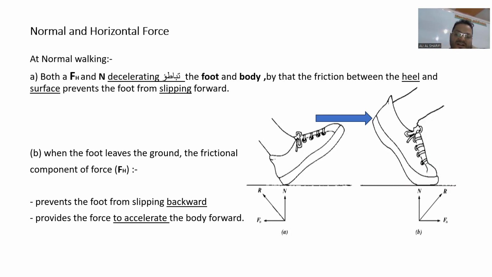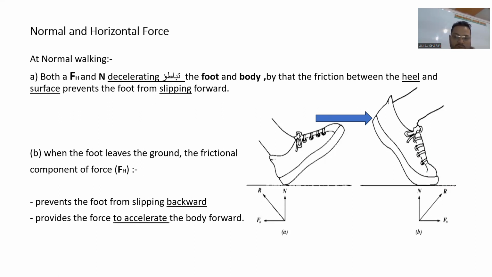When the foot leaves the ground, I mean now I'm talking about the second step, the frictional components of force prevent the foot from slipping backward, providing the force to accelerate the body forward.